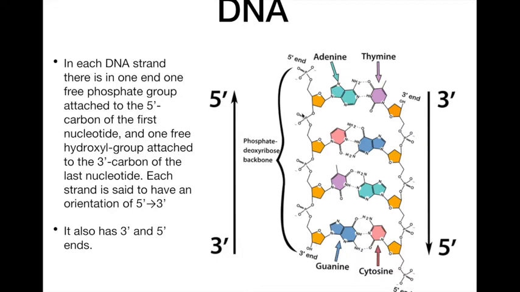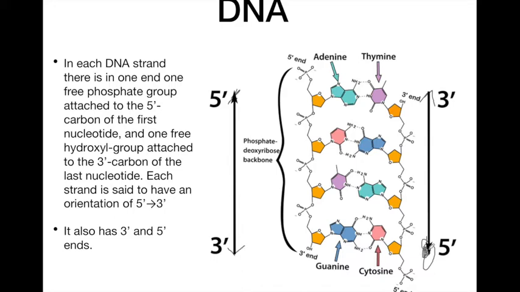So we say that the DNA strand has an orientation from 5' to 3'. This is how it goes. This arrow shouldn't be like that. Actually, yes, this is wrong. It should be like that. It goes from the 5' to the 3'. Same in here.